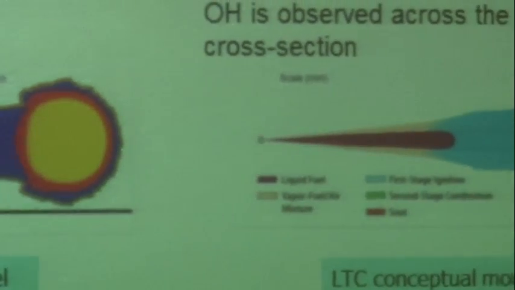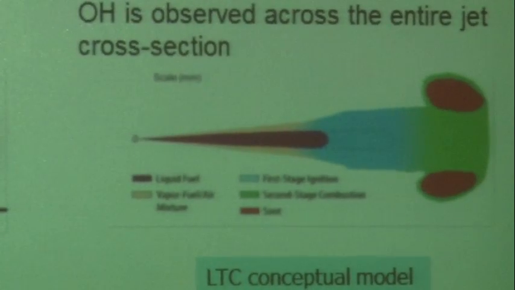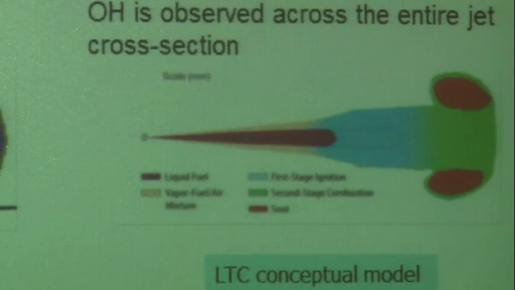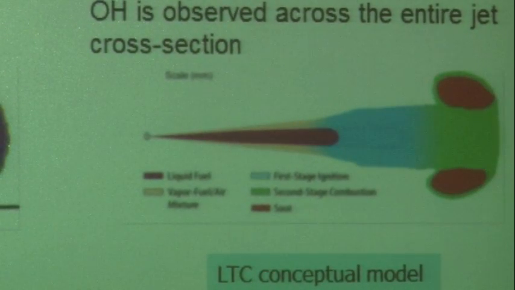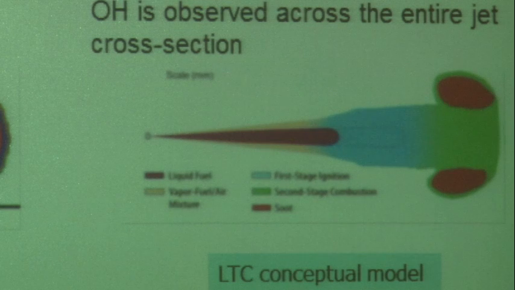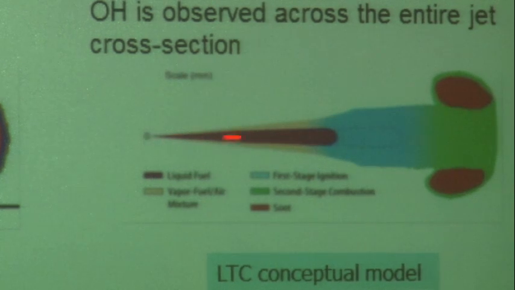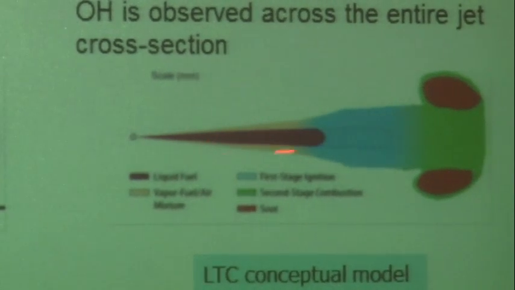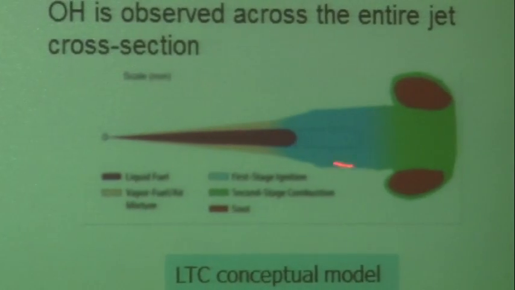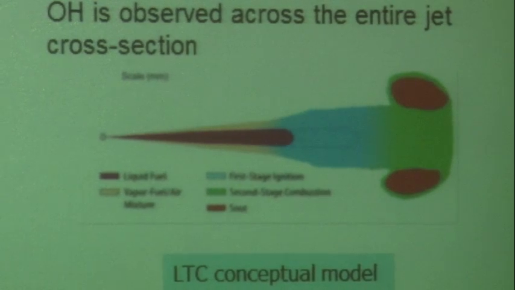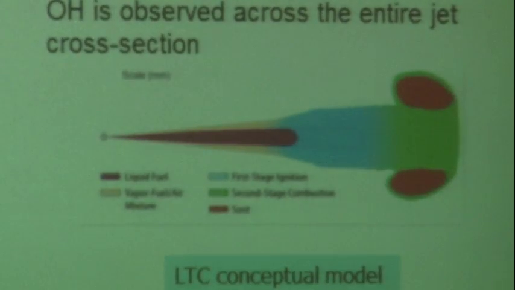And more recently, Mark Musculus and the group at Sandia have looked at another combustion regime, the low temperature diesel combustion regime, and compared their measured structures to those of conventional diesel. They see some similarity. Here's your liquid jet. You've got vaporization occurring. Then this blue region that you see here is basically priming for the combustion event.